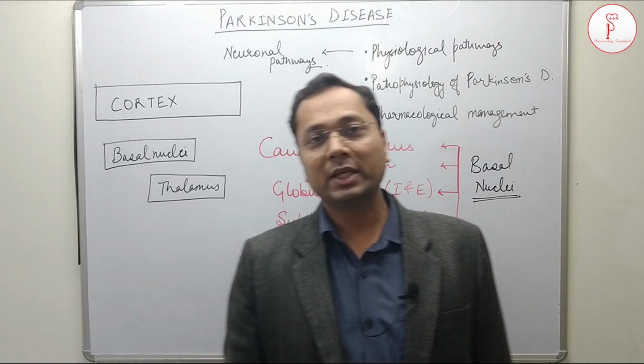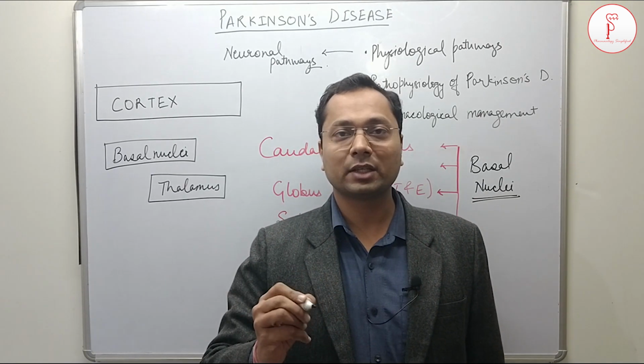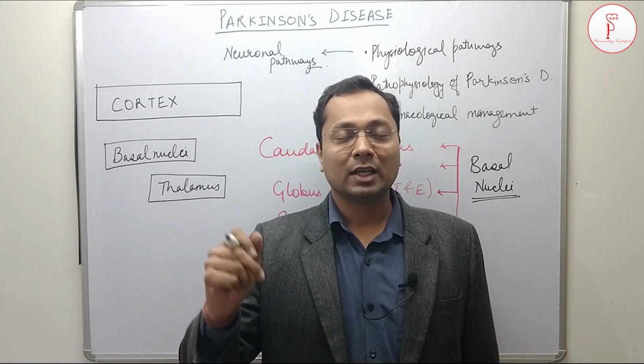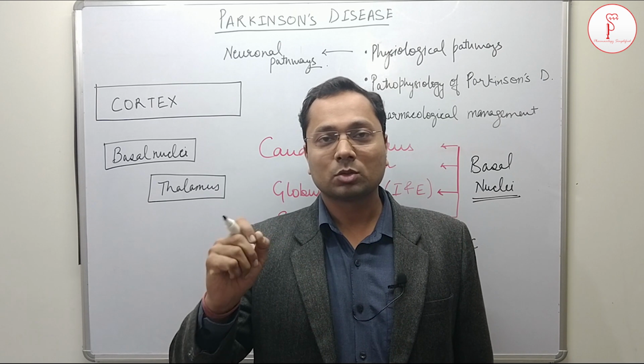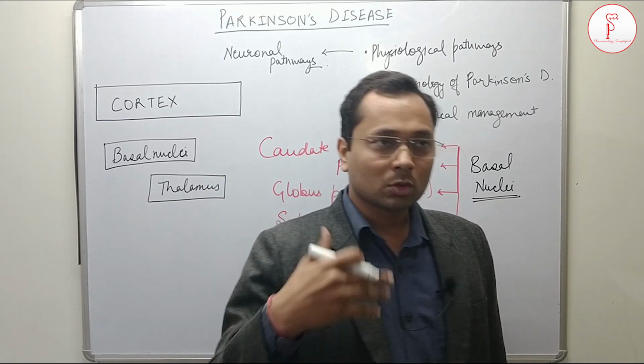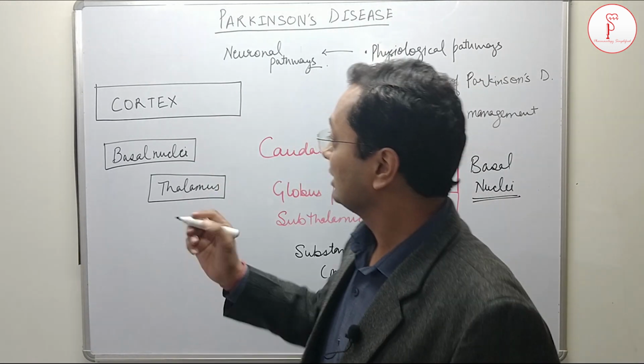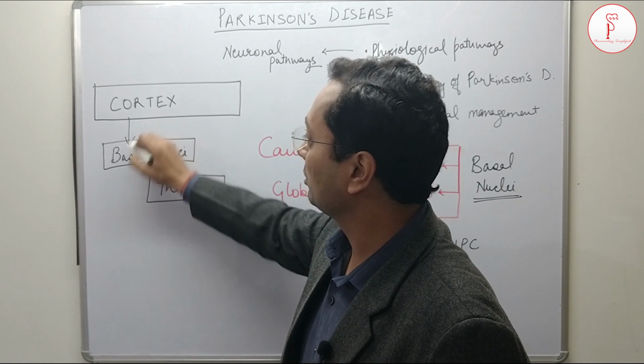Whenever a movement is initiated in the body, for example, if I have to write something, first I have to think about it. That thought has to originate in my cerebral cortex, right? When the thought arises in the cerebral cortex, the cortex sends the initial signal to the basal nuclei.